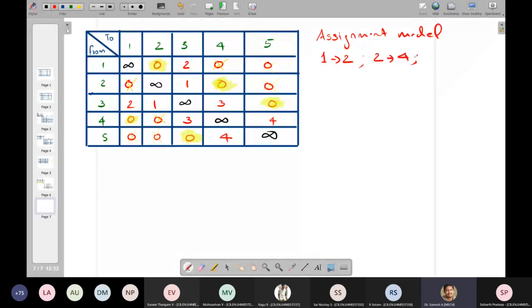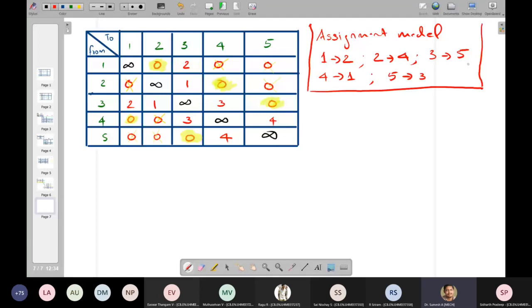That is the assignment model. Now we will check in terms of traveling salesman. So assignment is completed. Everywhere we have provided assignment. All row and column assignment is there. Now we'll check for the traveling salesman condition.